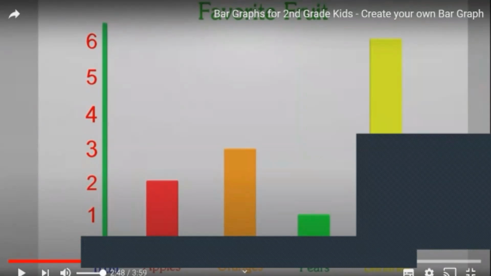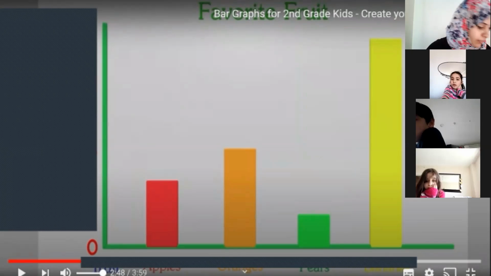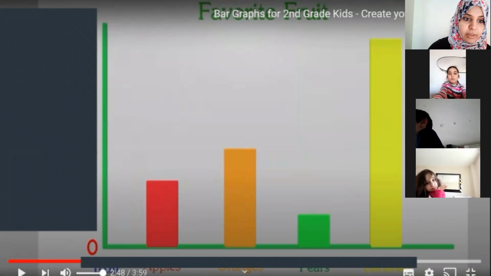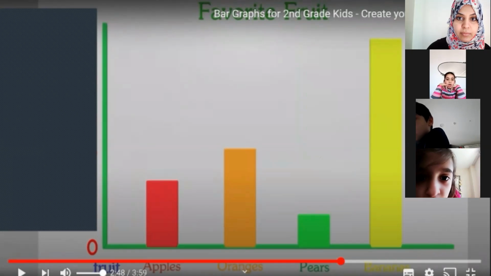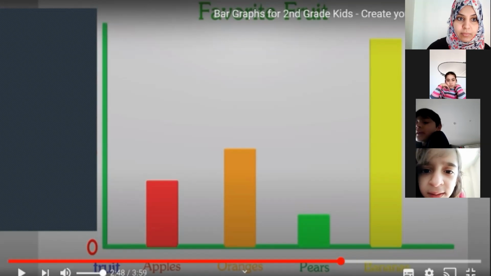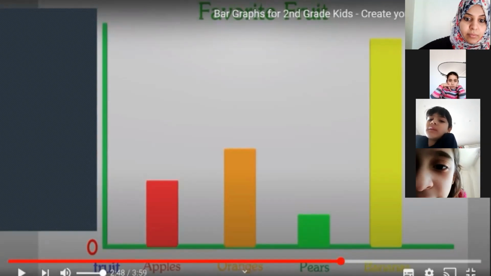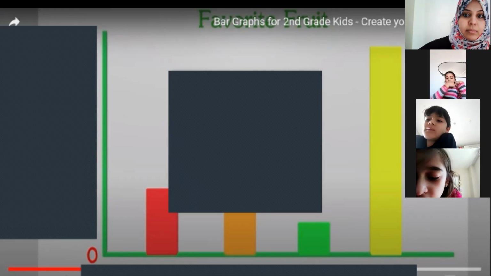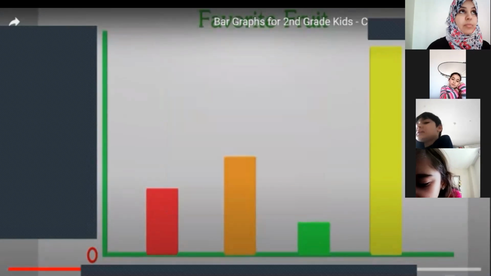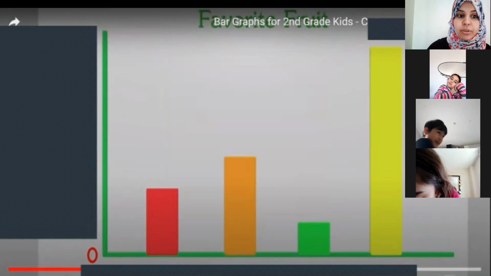What is the title of this graph? Favorite fruit. Yes, favorite fruit.